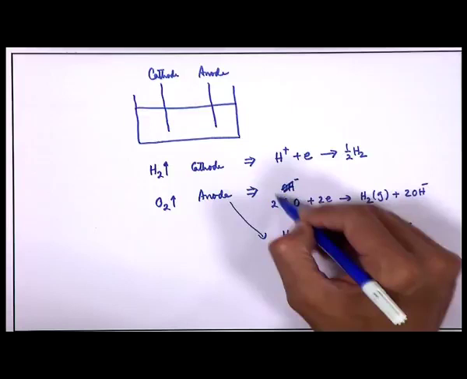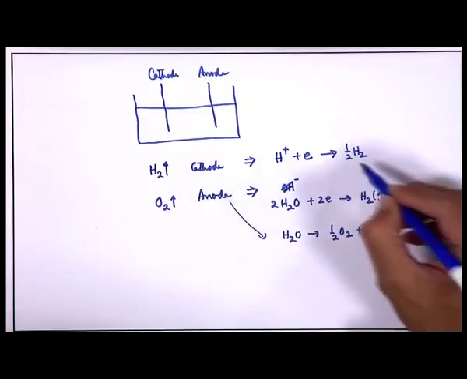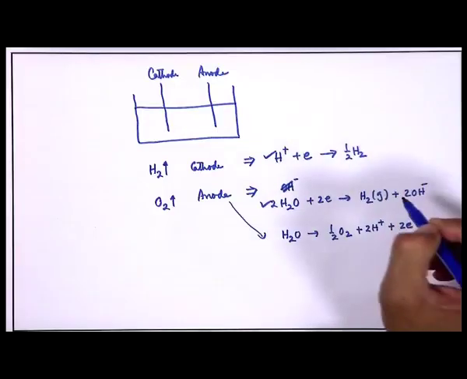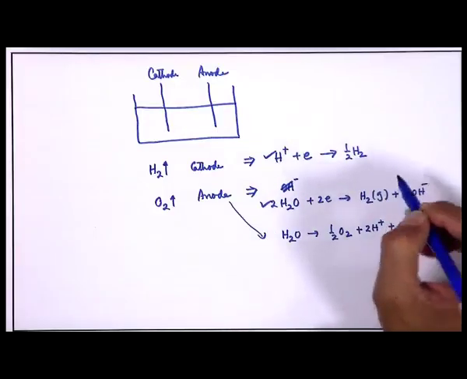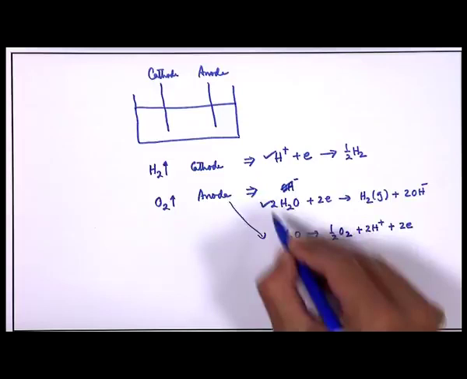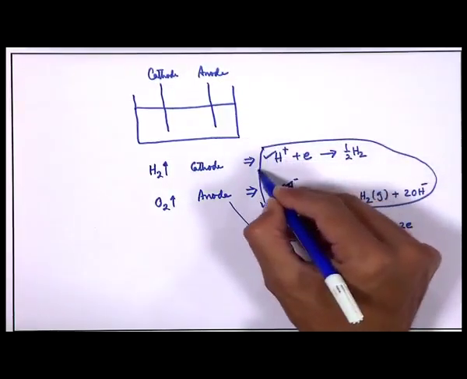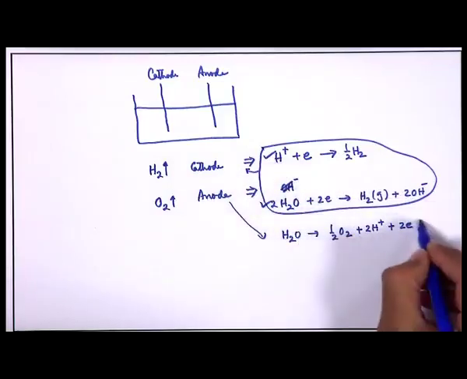So, either this one or that reaction, depending on the pH of the medium, and also this anode reaction. So, these two are for cathode and this is for your anode reaction.